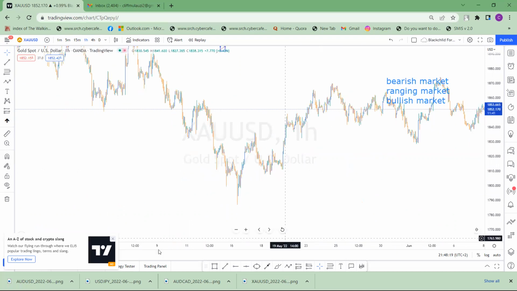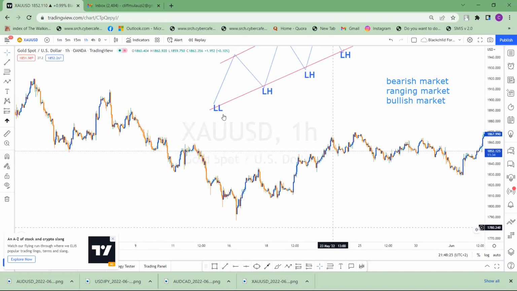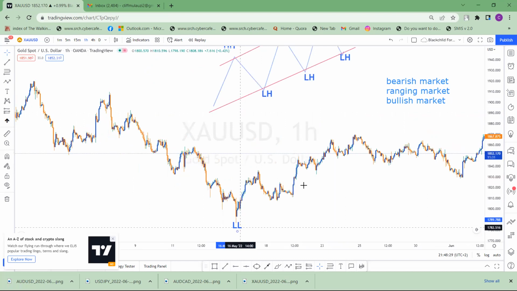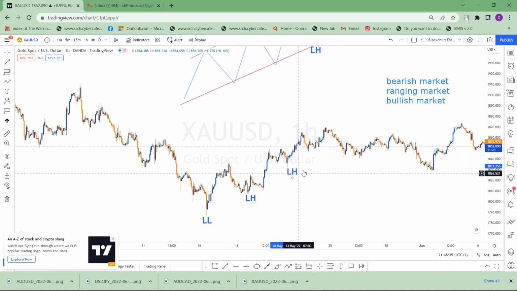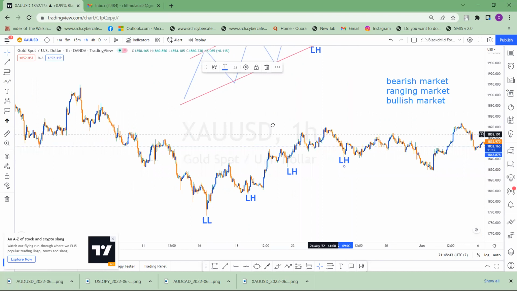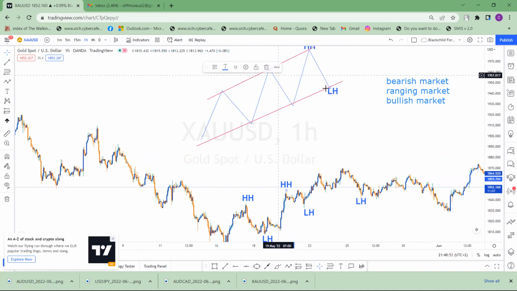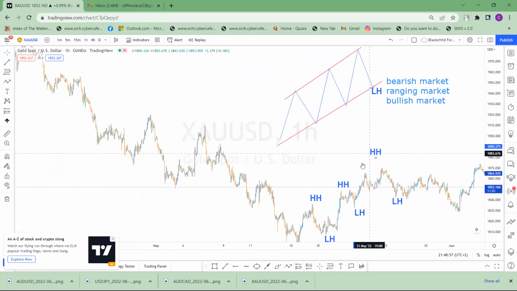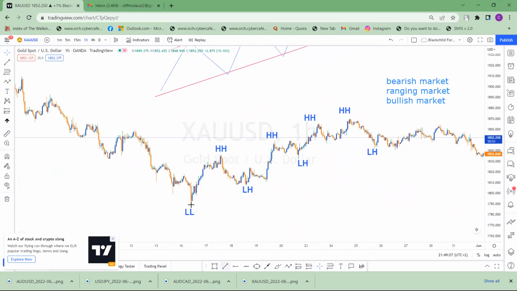As you can see on this market, we're having our lower low here, and we're having our higher low here, and then another higher low here, another higher low here, and then we're having our higher high here, our higher high here, and then another higher high here and another higher high here.